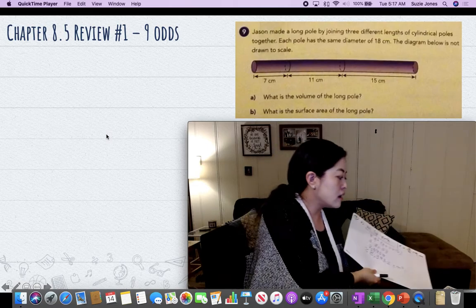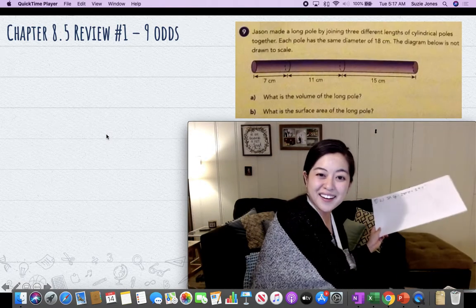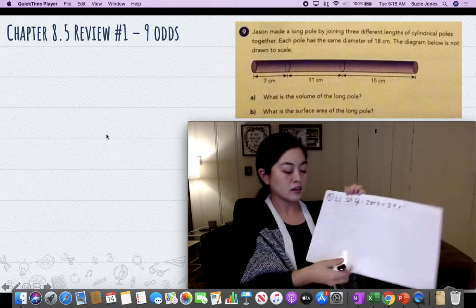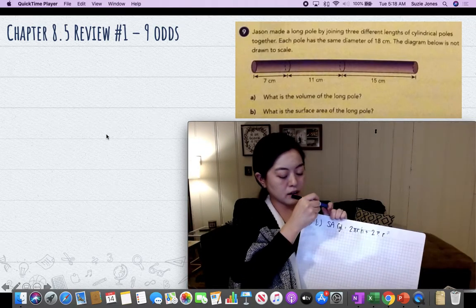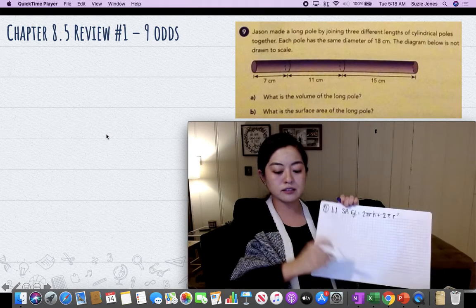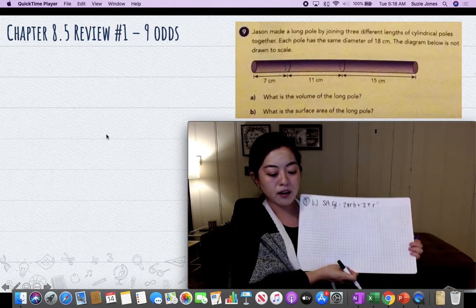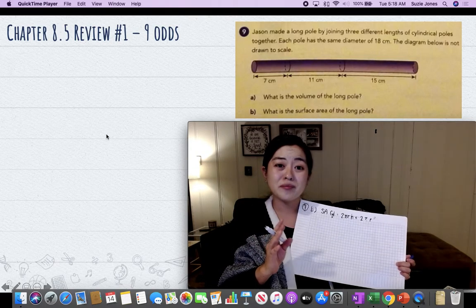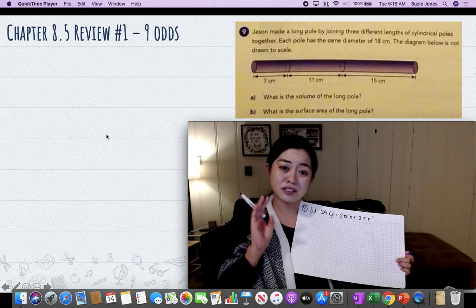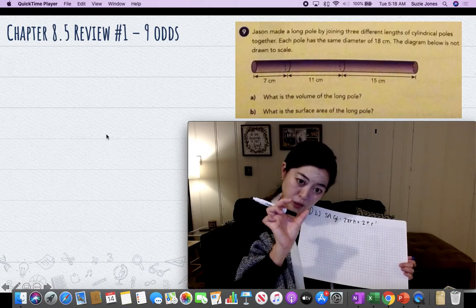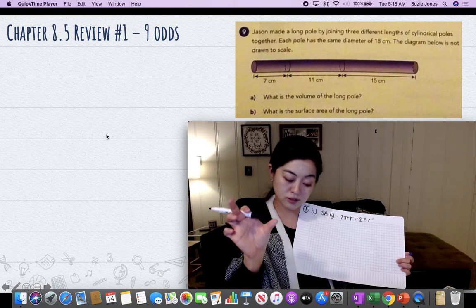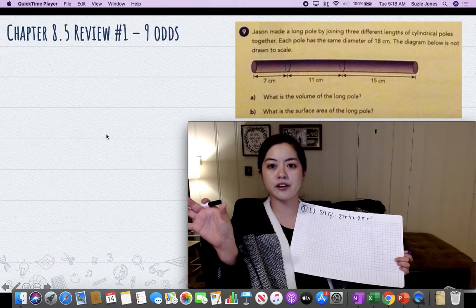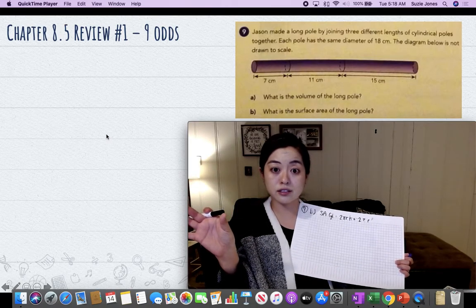All right. And now the last part. Yay! We're nearing the end. Okay, part B. So here, they want us to find the surface area of the cylinder. Now again, you can do the surface area of the shortest cylinder plus the surface area of the mid-sized cylinder plus the surface area of the large cylinder.